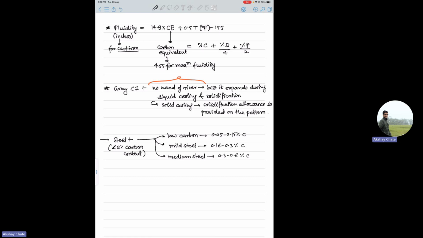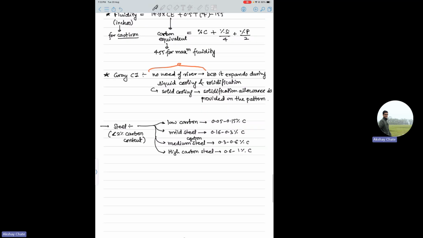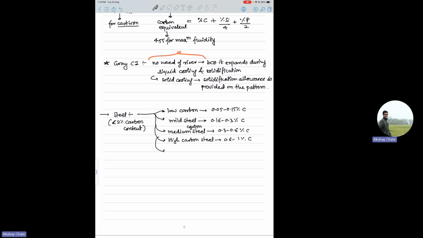And then high carbon steel, here also it is medium carbon steel, so it will be like 0.6 to 1% range. And then you'll have ultra high carbon steel, so it will be like 1 to 2%.